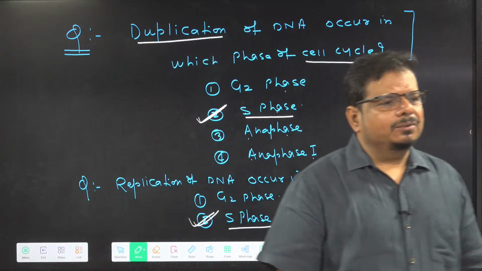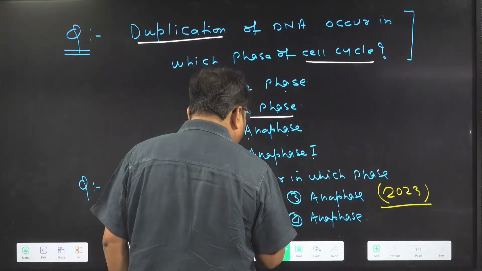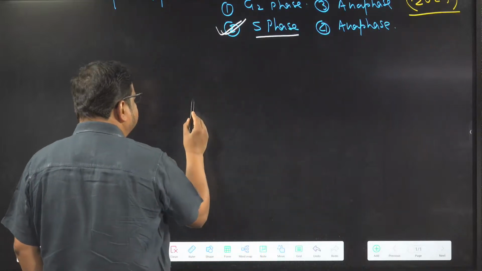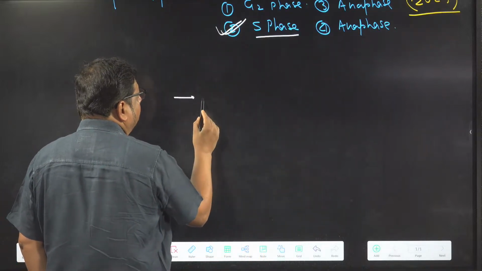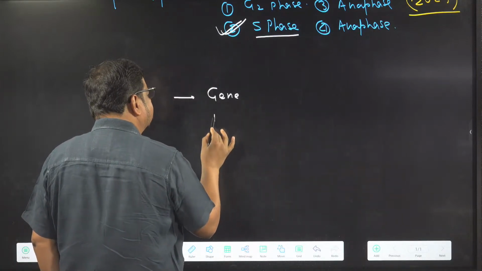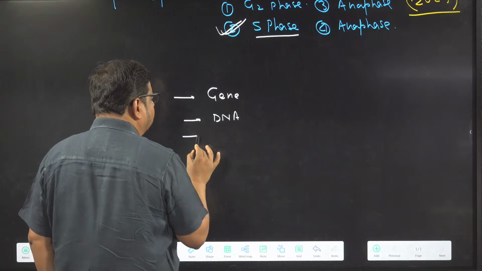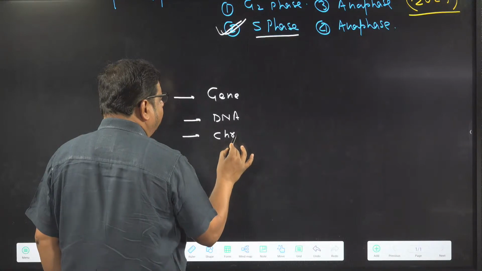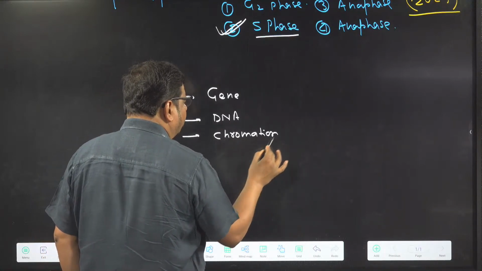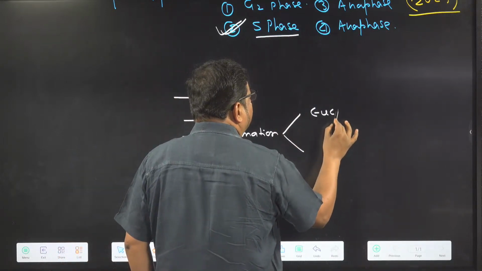Now I am going to tell you the concept behind it, the terminology behind it. I hope many of you are struggling with some of the terminology. One word I am writing is gene. Another word I am writing is DNA. Another word I am writing is chromatin. And in chromatin I am writing 2 different types: euchromatin.